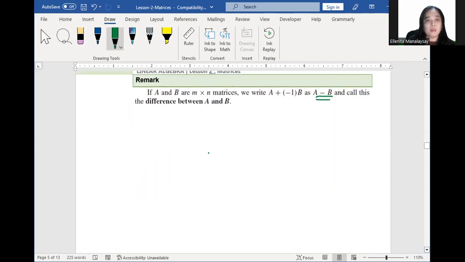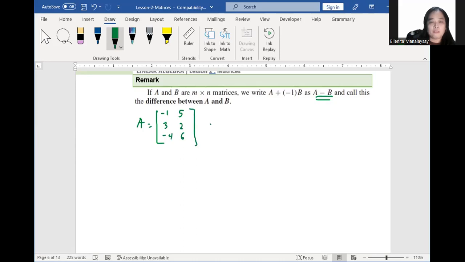Okay, for example, if we have matrix A to have these entries: negative 1, 5, 3, 2, negative 4, 6.